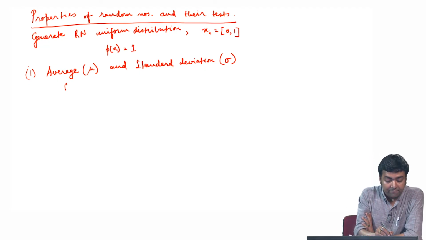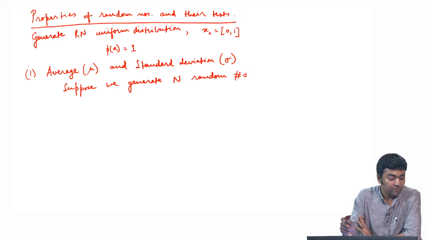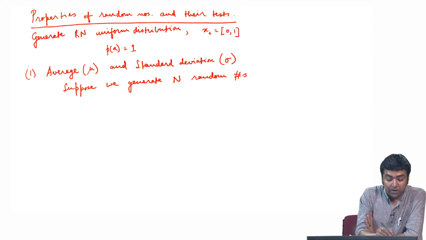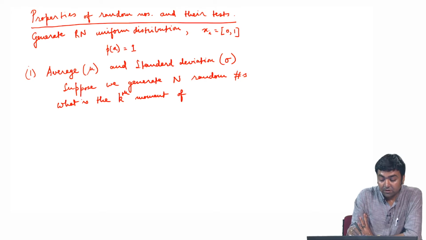So, suppose we generate n random numbers. We ask the question, what is the kth moment of the set of n random numbers?